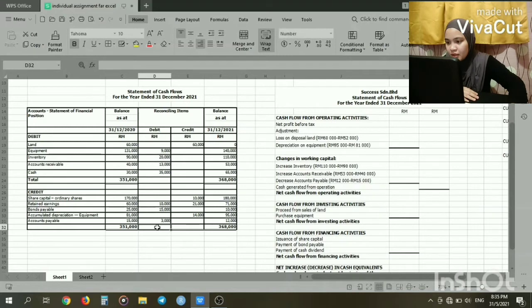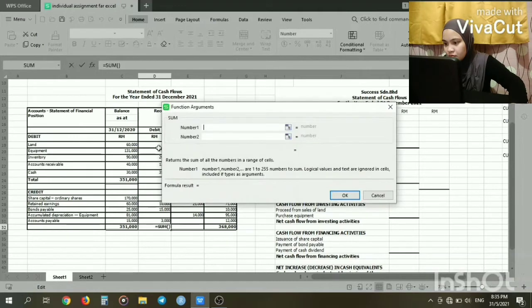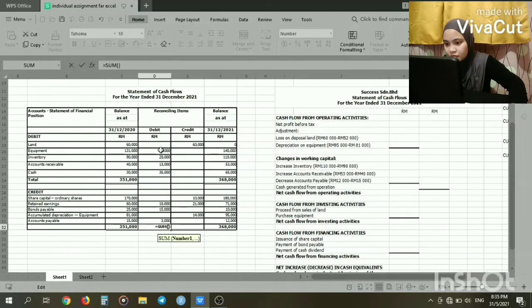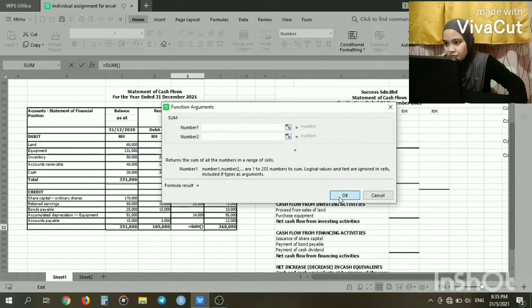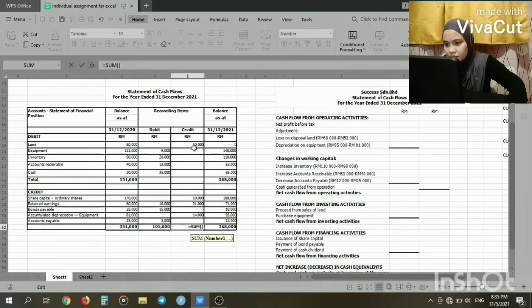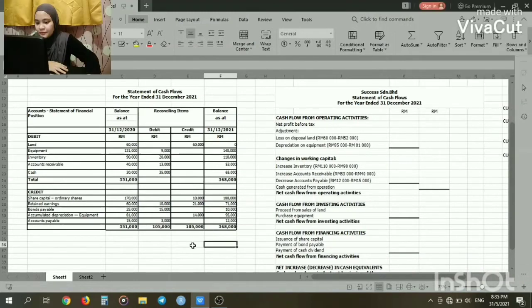To get the total for the debit, we sum up all the debit amounts for the current assets and liabilities, and also equity. For credit, also the same. So we get the tally amount for credit.